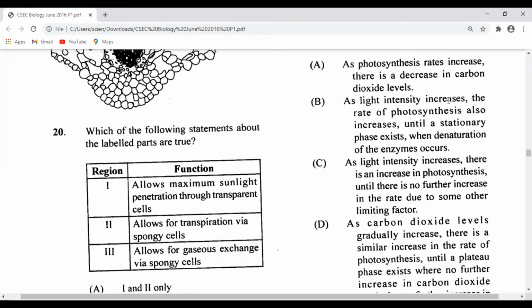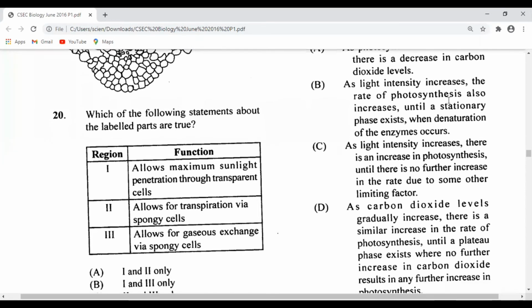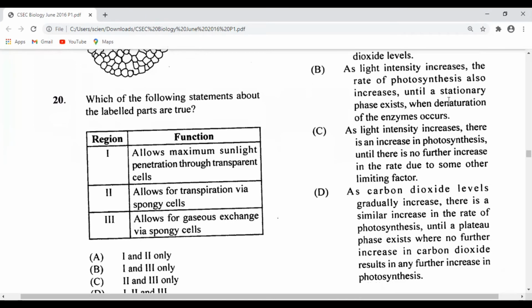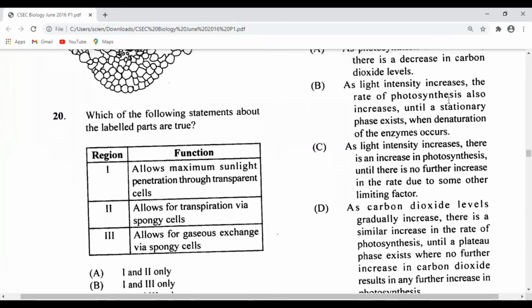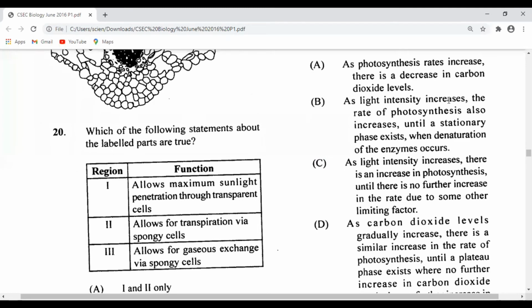And then D, as carbon dioxide levels gradually increase, there is a similar increase in the rate of photosynthesis until a plateau exists where no further increase in carbon dioxide results in any further increase in the rate of photosynthesis. So the two closest ones that I'm seeing here are B and C.